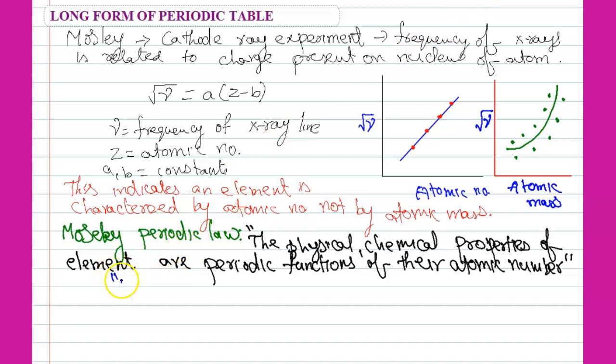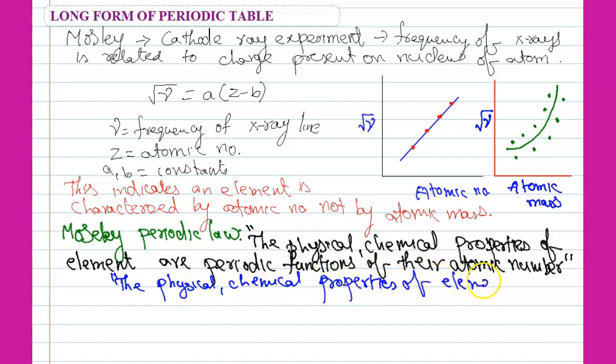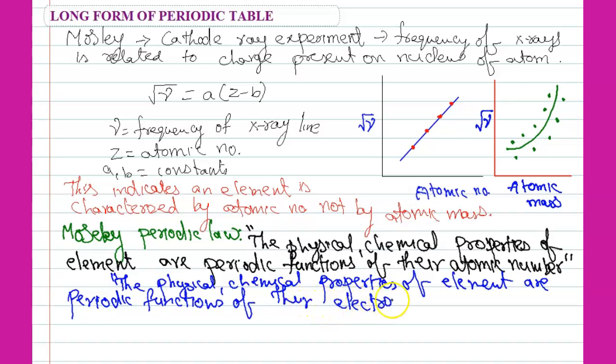So the physical and chemical properties of elements are periodic functions of their electronic configuration.